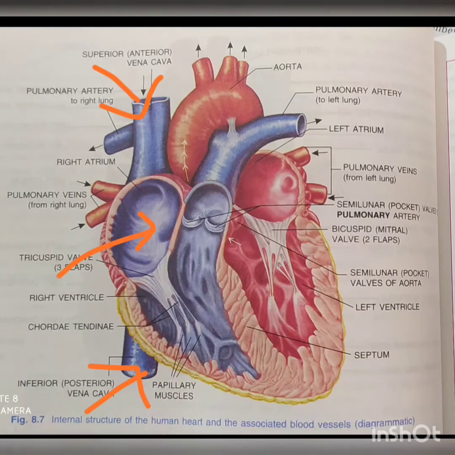Then the blood is forced by auricular contraction through the valve into the right ventricle. The right ventricle pumps the blood into the pulmonary artery and then into the two lungs.